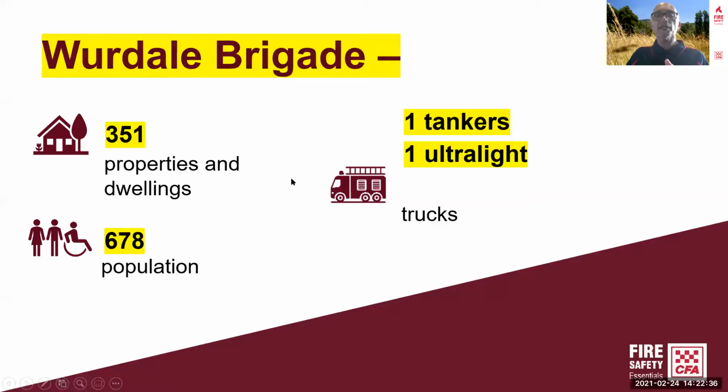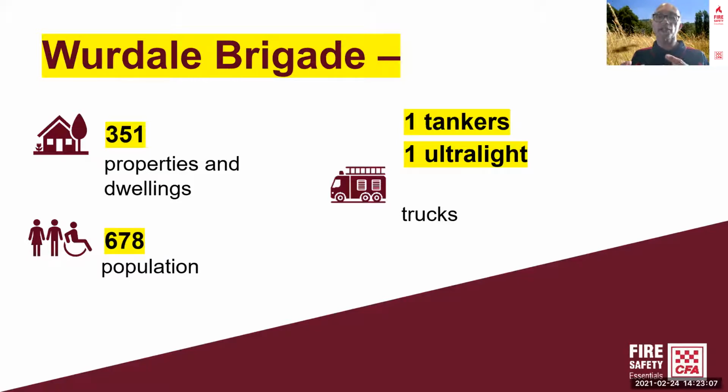Well, if we consider the Wurdale Brigade, it's made up of a number of brigade members who work extremely hard to try and keep the community safe in the events of a fire. At their disposal, they have two resources, one tanker and one ultralight. And their task, armed with these two elements of resource, is to look after a population of 678 people living in a total of 351 properties.